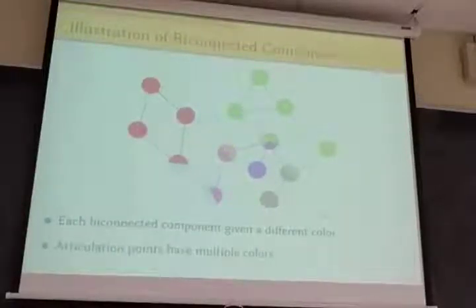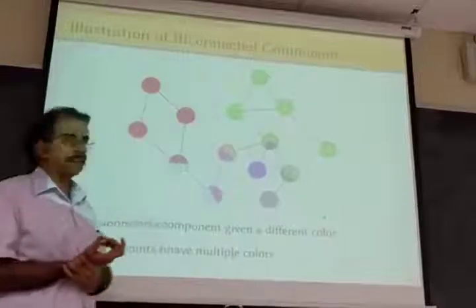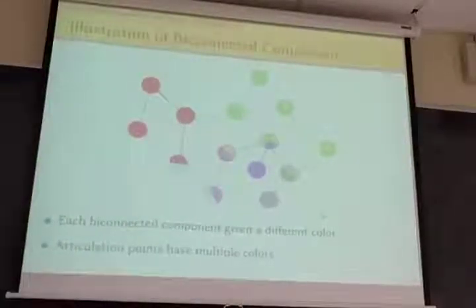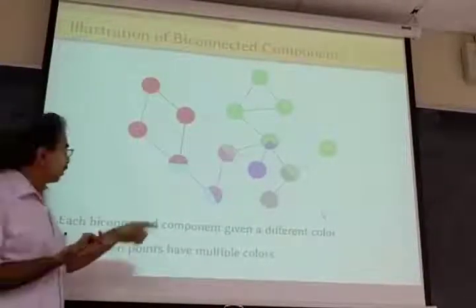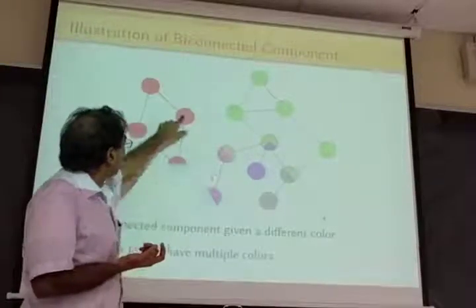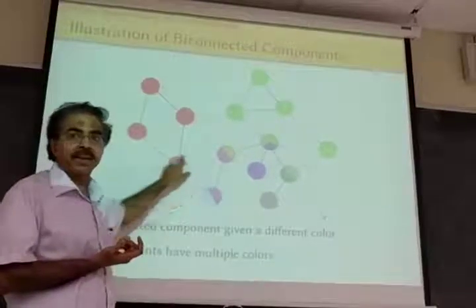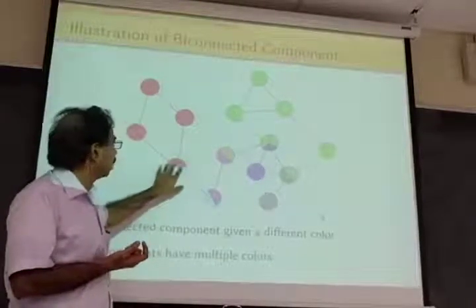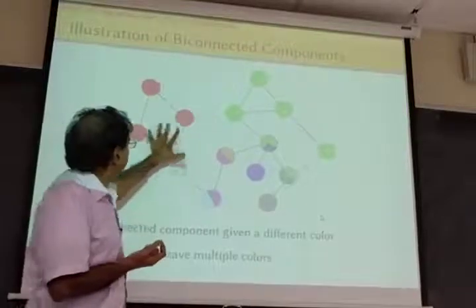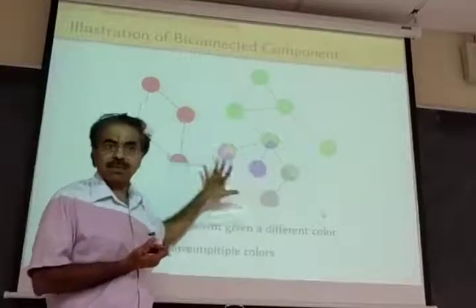So each bi-connected component is given a single color, right? But the articulation points are the ones that have multiple colors, right? And so what the articulation points denote is, for instance, if you want to go from here to here, you always have to go through this node. Okay, so this is like a choke point, right? If something happens to this node and it fails, then this bi-connected component will be disconnected from everything else.